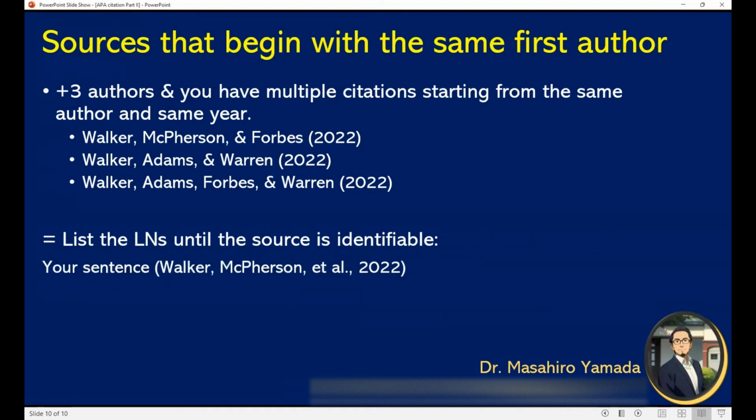So for example, if you're citing all of these sources somewhere in your writing, but you're specifically talking about Walker, McPherson, and Forbes, then you have to write Walker, McPherson at this point, and this is the first source, and then you put et al.